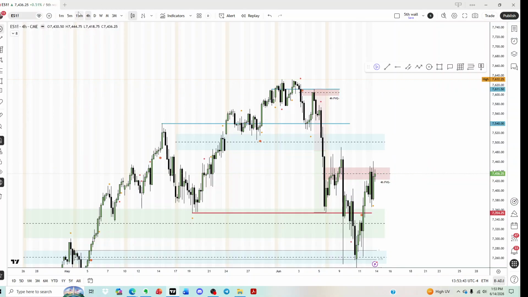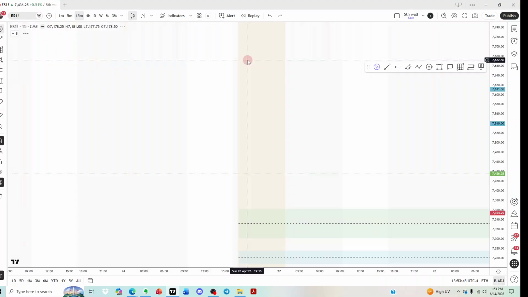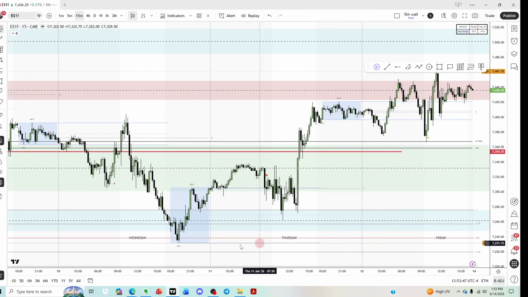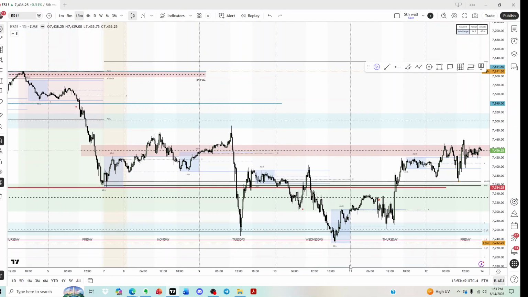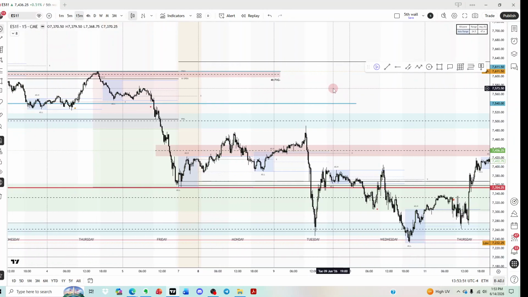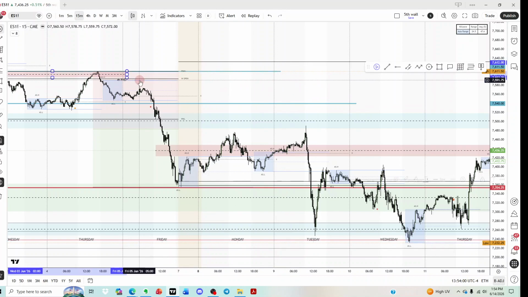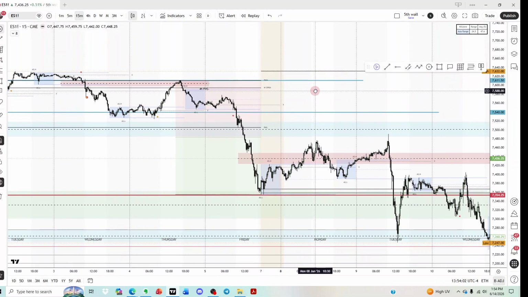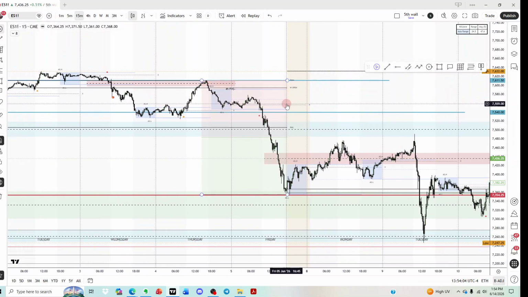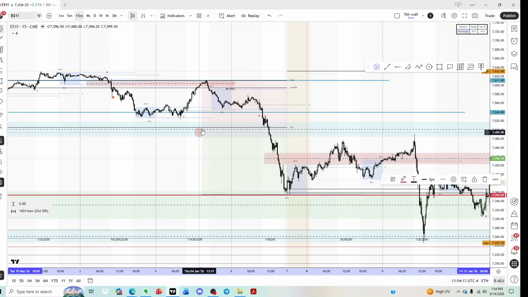the 15-minute chart and not drag it too much. All right. So, why is this colors here?